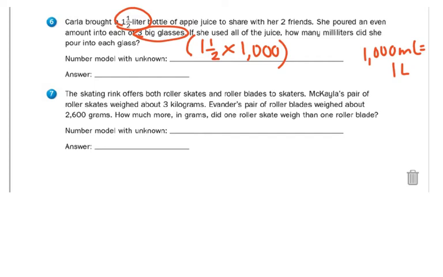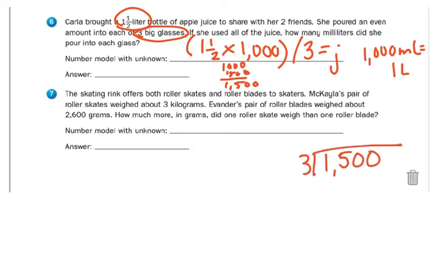And then she divided it, or poured it evenly, into 3 glasses. So let's divide that by 3 to get, let's put J for juice. The first thing we have to do is take 1 times 1,000, which is 1,000. And then what's half of 1,000? Well, add that together, you get 1,500. 1,500 divided by 3 glasses.